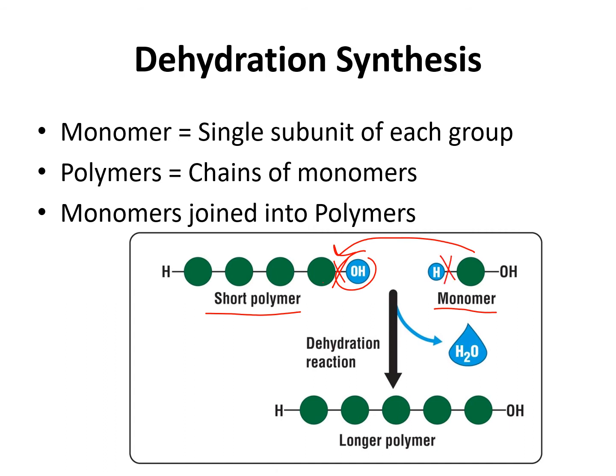And that will allow these two subunits to now form a covalent bond to each other. Then that hydroxyl and that hydrogen will bind together to form a molecule of water. So this is why this process is called dehydration synthesis, because during this, in forming a larger molecule, you are going to remove a molecule of water.